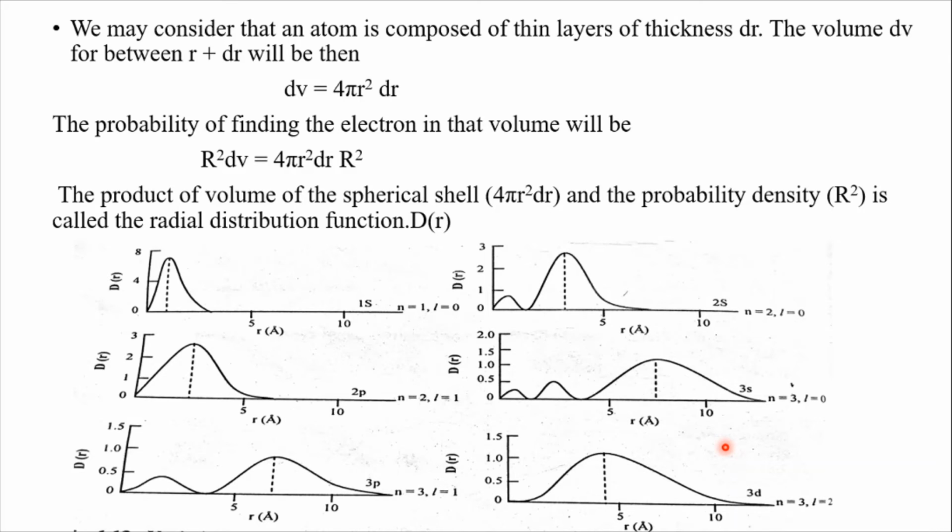The most probable distance decreases slightly as the orbital angular momentum quantum number increases. See, as l increases, the most probable distance decreases.